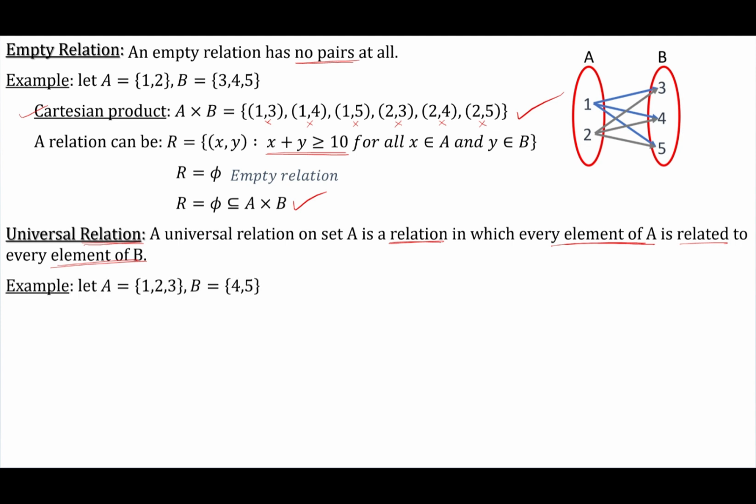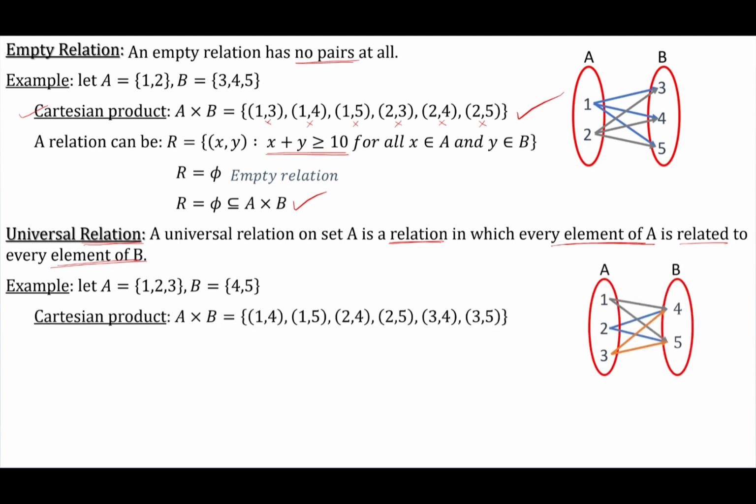A set A has 3 elements and set B has 2 elements. We know the Cartesian product, all possible ordered pairs.